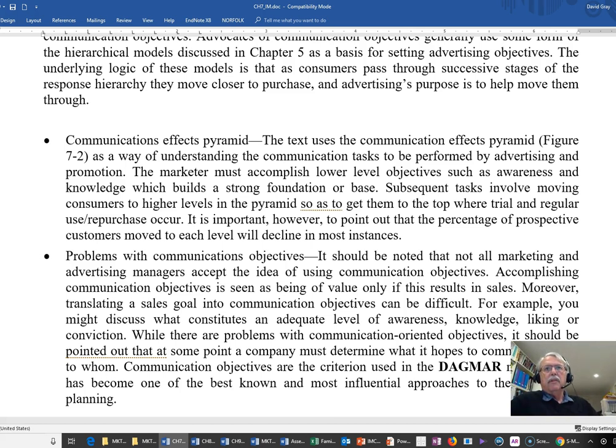There are some problems with communications objectives. Some people say, well, look, they're only of value if they result in sales. Particularly if we're looking at, say, the Banking Royal Commission, then one of the aspects of an IMC program would be to improve the reputation of the organisation.